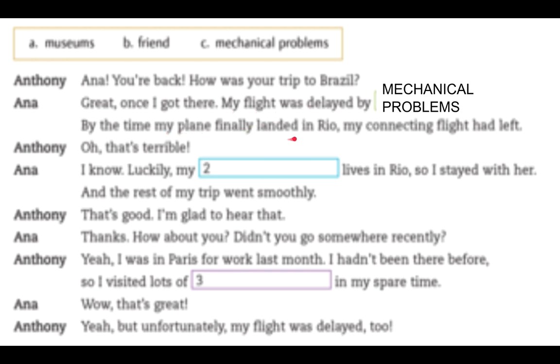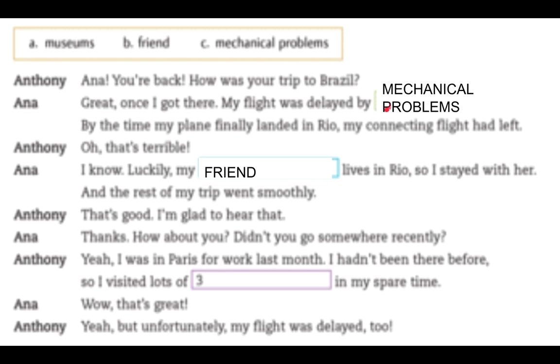Her plane landed in Rio, but it was late, so her next plane had gone. Oh, that's terrible. I know. Luckily, my friend lives in Rio. Ah, that's lucky. So I stayed with her.